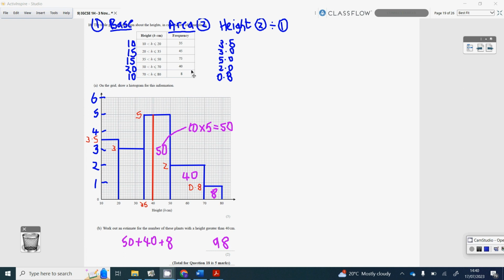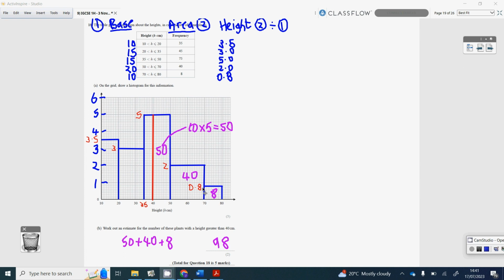I then choose a sensible scale. Now I've got to go up to 5, and if I just take these big squares, I'm going up to 6, so that's fine. So establish your heights and then just draw in your various bars. So my first one's got a base of 10, a height of 3.5. The second one, a base of 15, a height of 3, and so on. So those are my 5 blue rectangles there.